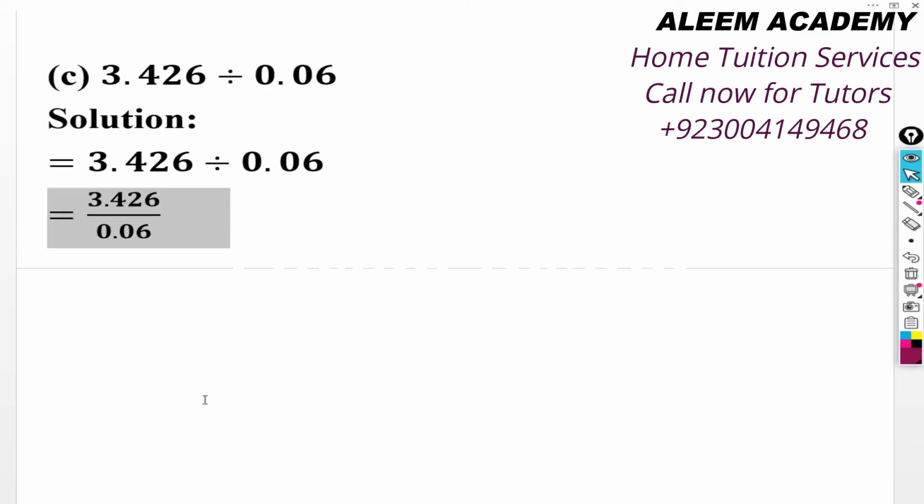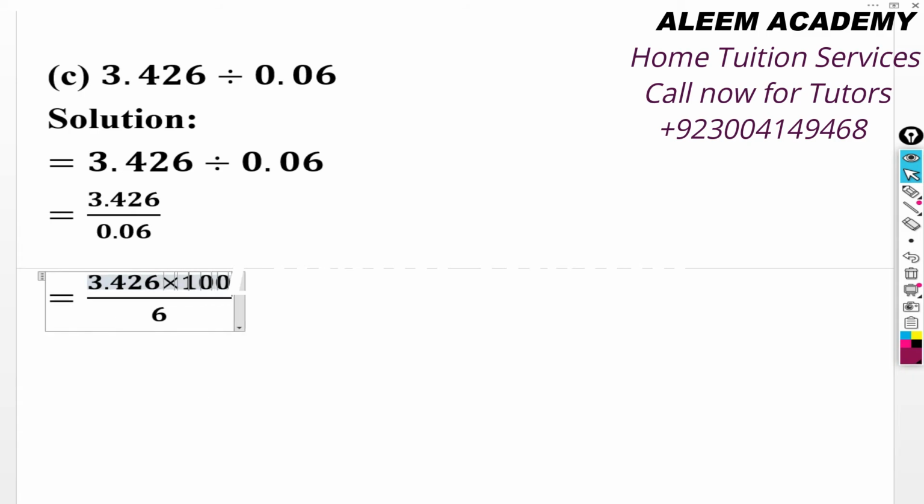So let's do it. When you finish this decimal, see there are two numbers after the decimal, so you have to multiply with 100 on the other side. And when you finish this decimal, see there are three numbers after the decimal, so you have to multiply with 1000 on the other side.